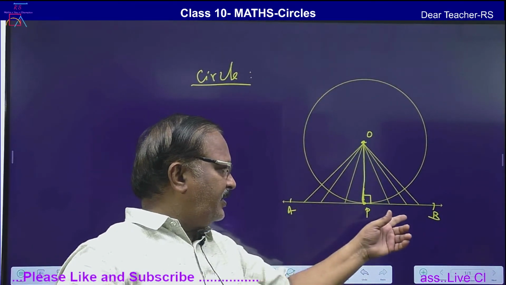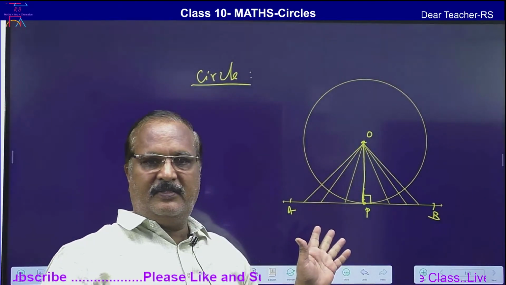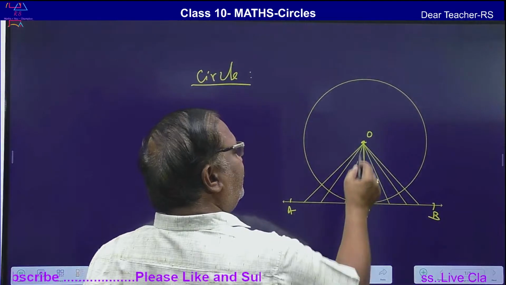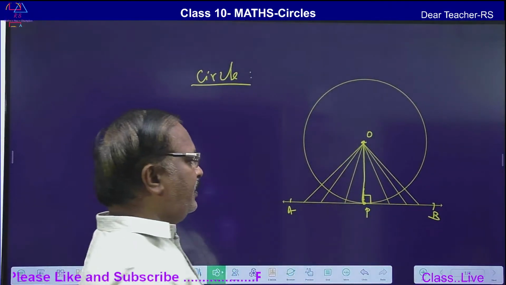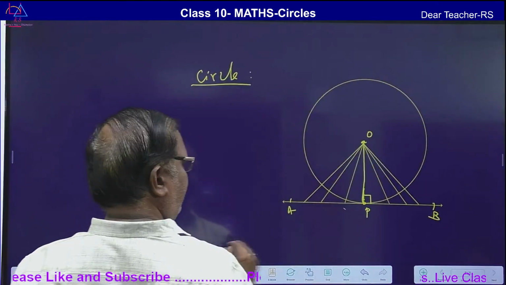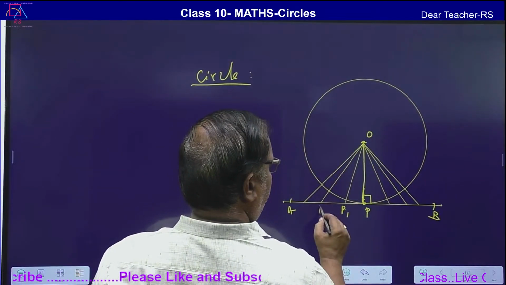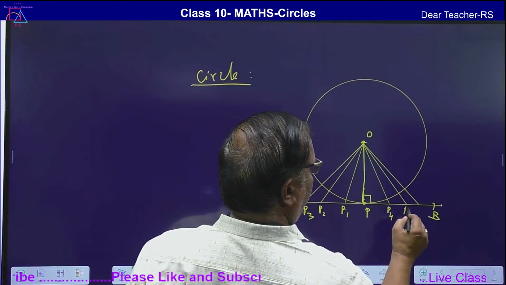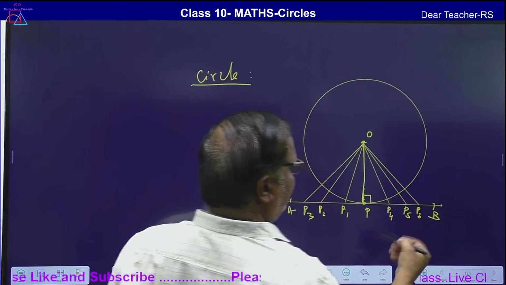Any points, as many lines as you want you can draw it. Okay. So now so many lines. OP is also one line among them. Let us say P1. This is P1, P2, P3, okay, P4, P5 and P6 and so on.